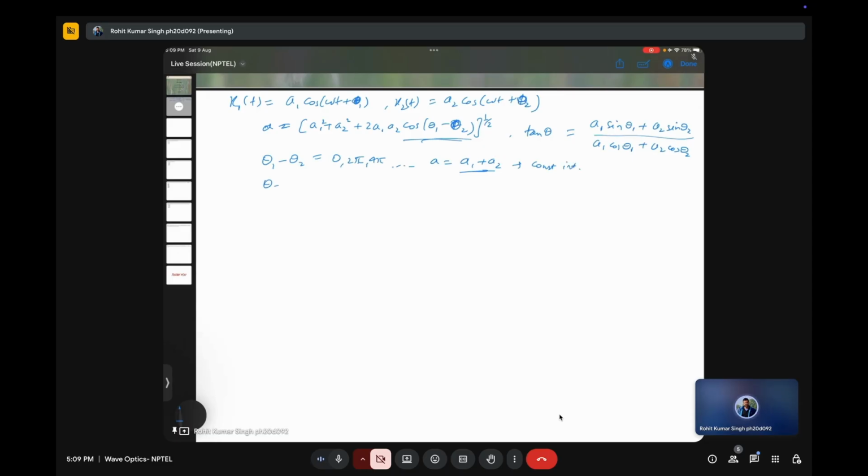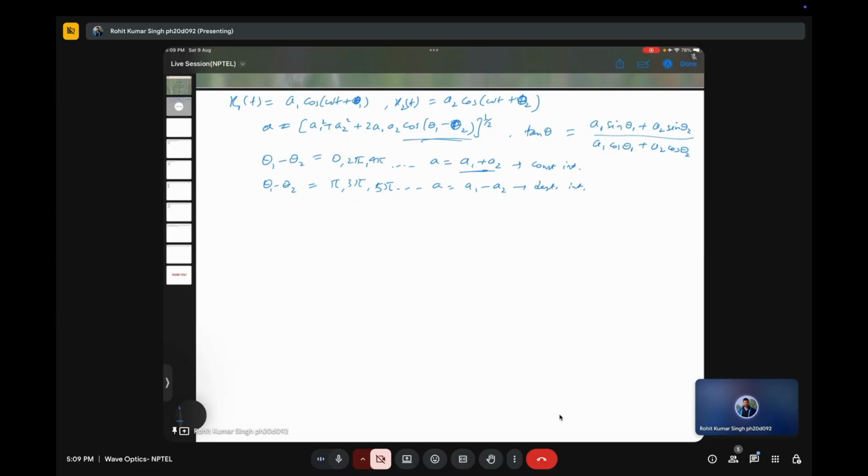And when this phase difference is an odd multiple of pi, so pi, 3 pi, 5 pi, then the amplitude is subtracted, and we have destructive interference.